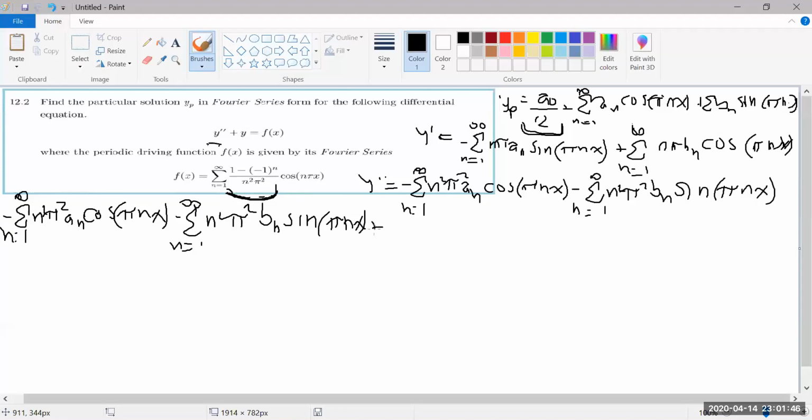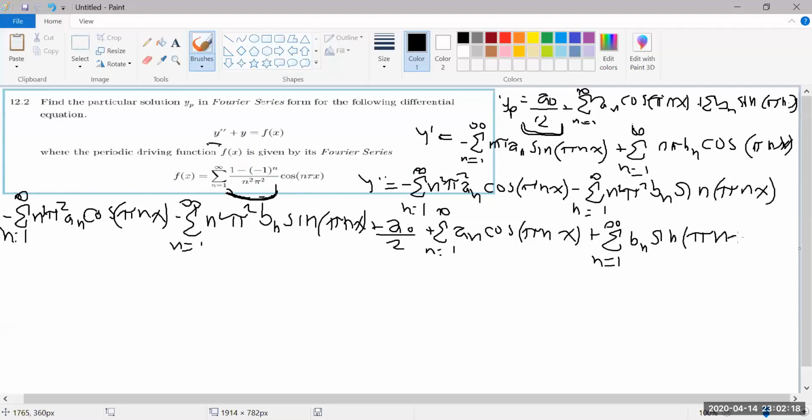Now we need our y term. So we have our a sub naught over 2 plus our summation from n equals 1 to infinity, a sub n cosine pi n x plus summation n equals 1 to infinity, b sub n sine pi n x.